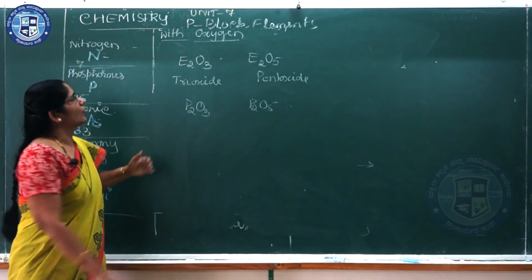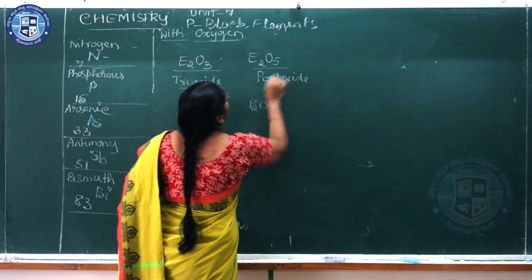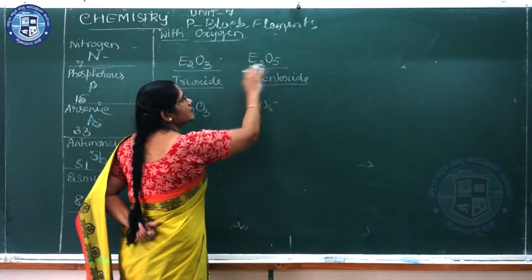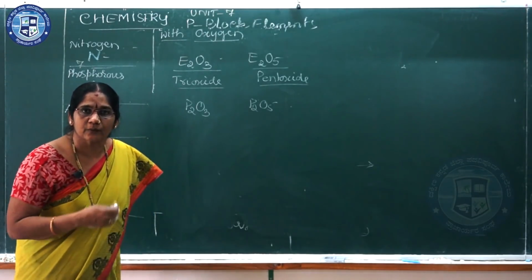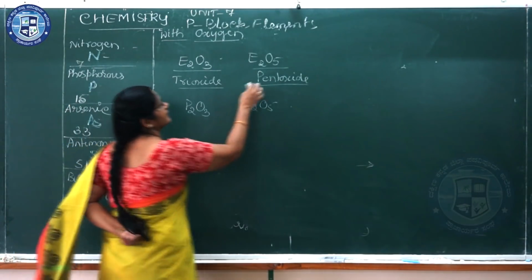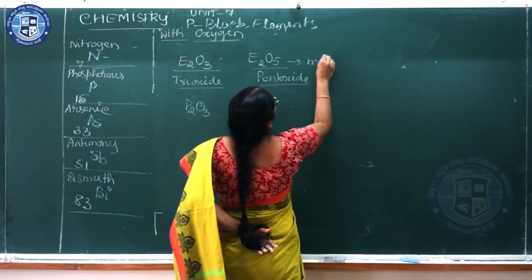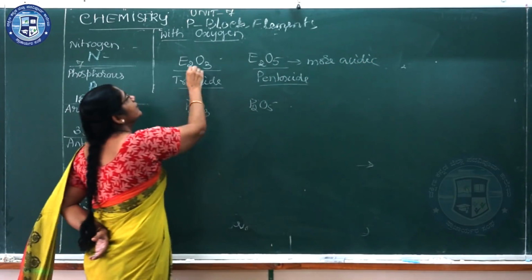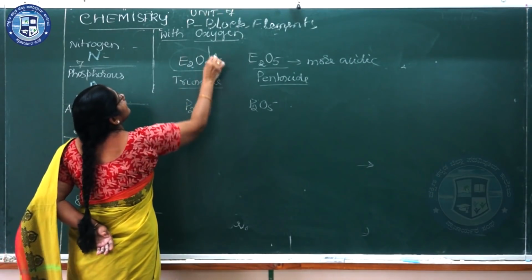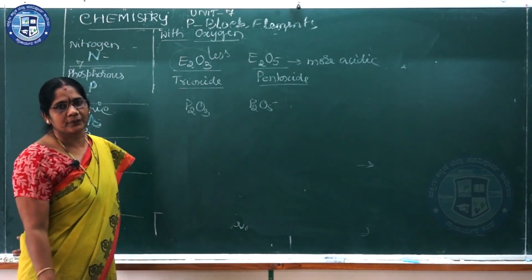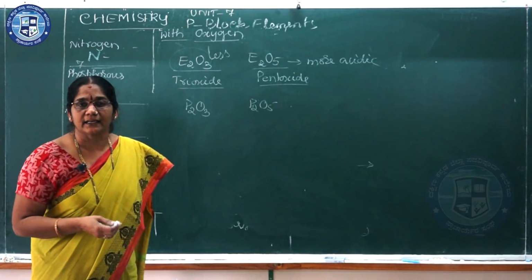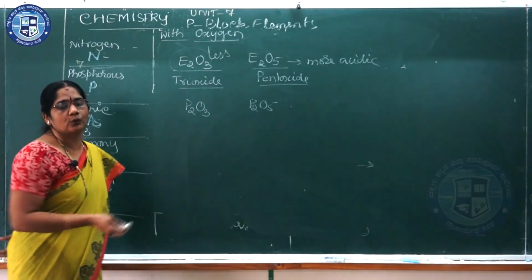So, all these form two types of oxides, trioxides and pentoxides, in which the oxide with the higher oxidation state of the element is more acidic than the trioxide. So, E2O5 is more acidic and E2O3 is less acidic. And of the trioxides, the acidic character goes on decreasing down the group.